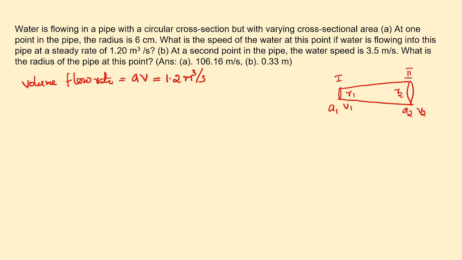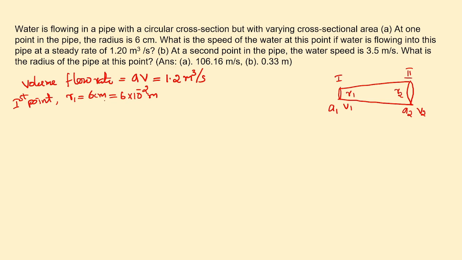Okay, and let us consider the first point. What is the radius? The radius is given as 6 centimeter, so R1 is equal to 6 centimeter. Let us convert it to meter, that is 6 into 10 raised to -2 meter.